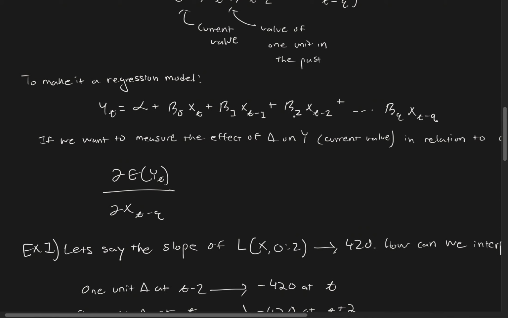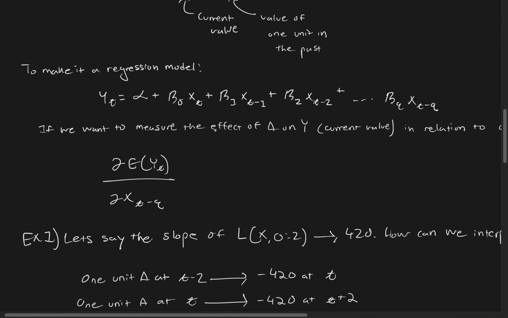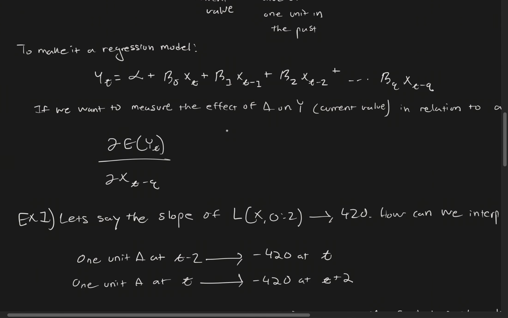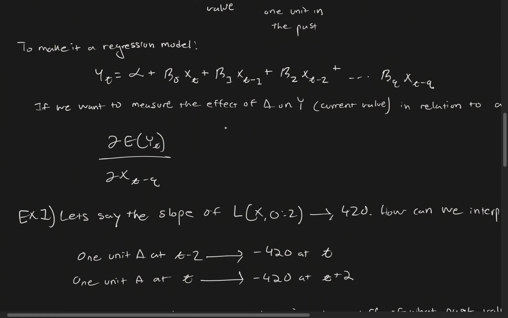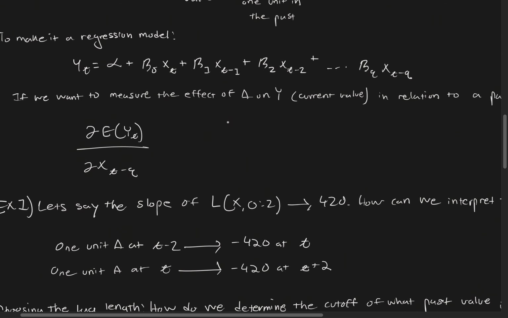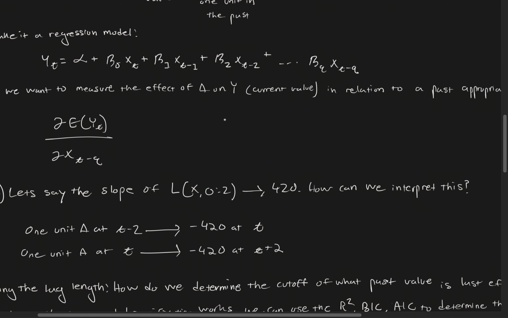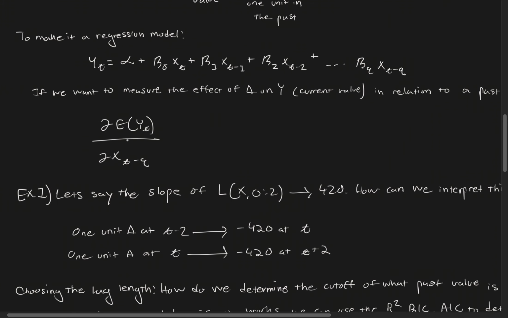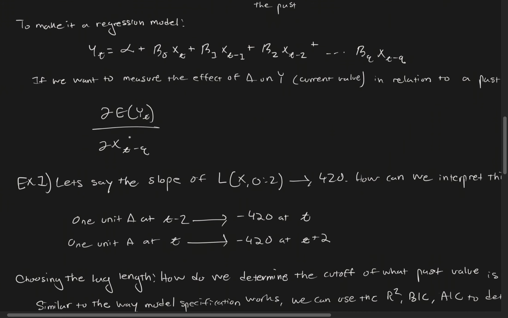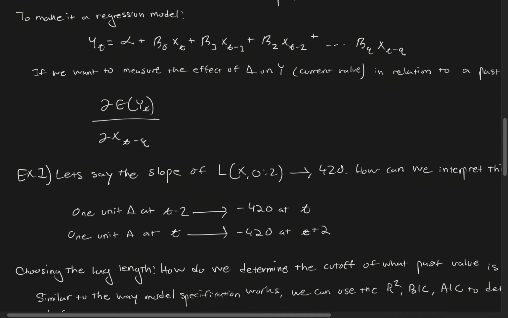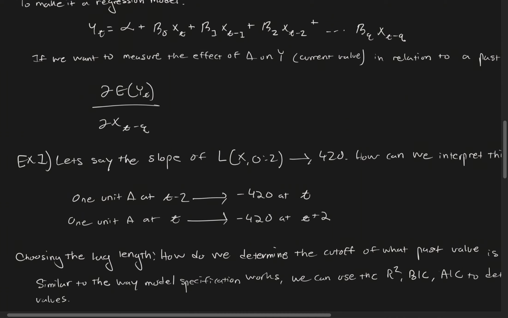And this is important because most of the time, the coefficients closer to the present are going to be more impactful. And so if you want to measure the change of the output or the dependent variable in relation to a past variable, we'll just take the derivative of y with respect to a specific x variable.